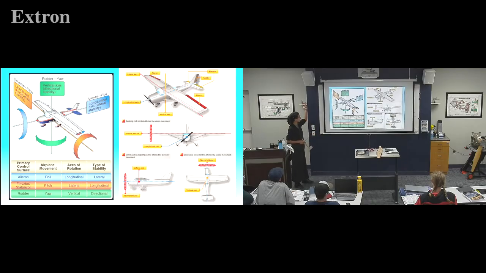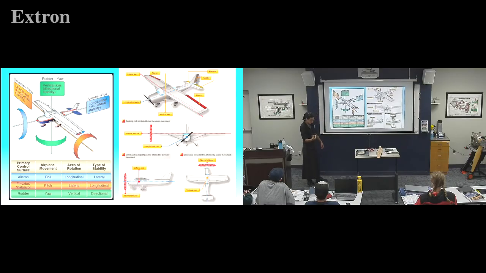So what I'm talking about is the axes of an aircraft, the movement about those axes, and the type of stability. So first, we're just going to start with each axis. So this is my airplane with either really tiny wings or else no wings.